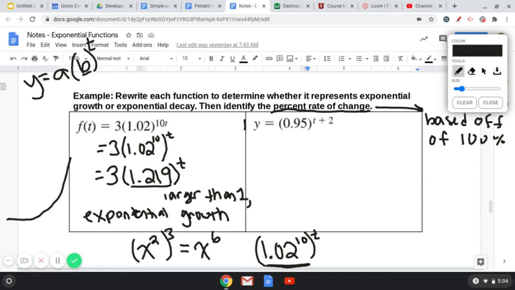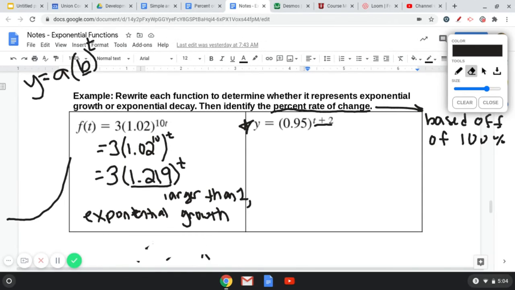Now this one, we have y equals 0.95 to the t plus 2. This whole thing is in the exponent. So how do we navigate that? This is again using our rules of exponents. So we can say, what example should I do?